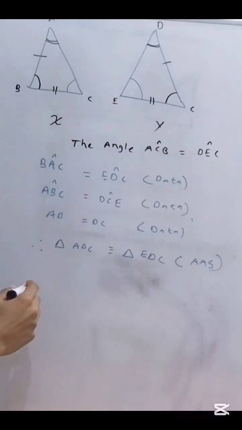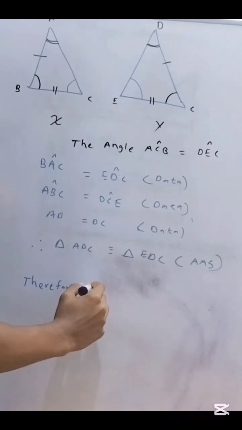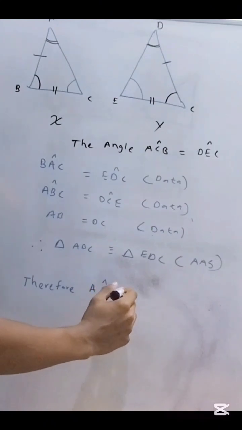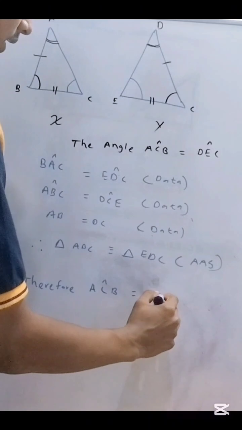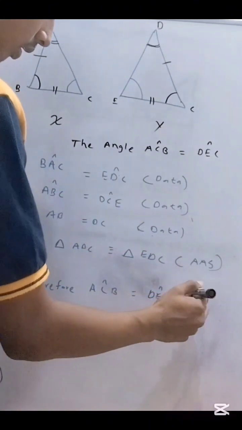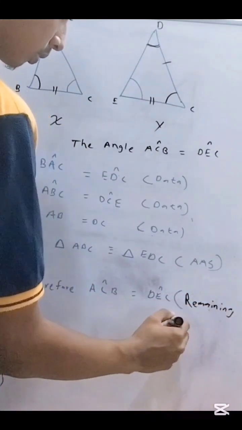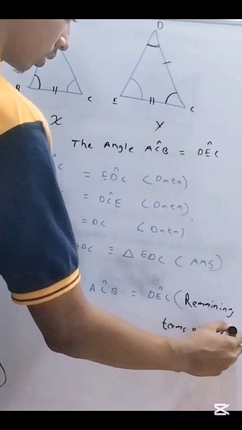So we will mention again, therefore, the angle ACB is equal to the angle DEC according to the remaining terms of a congruent triangle.